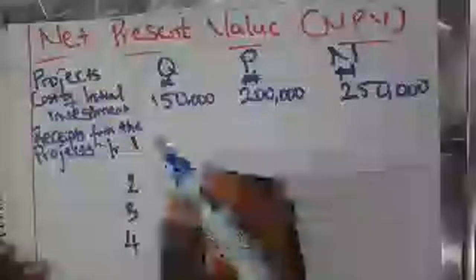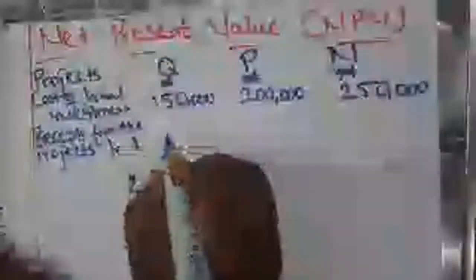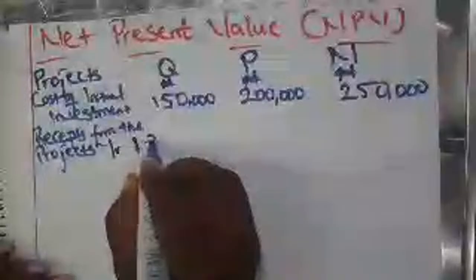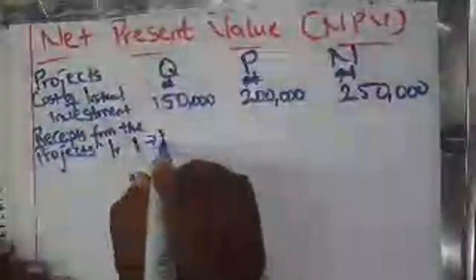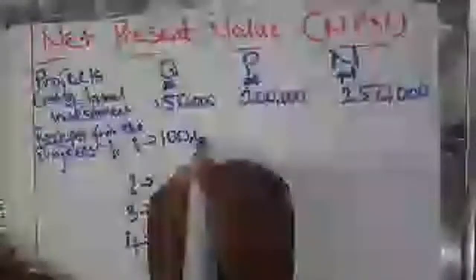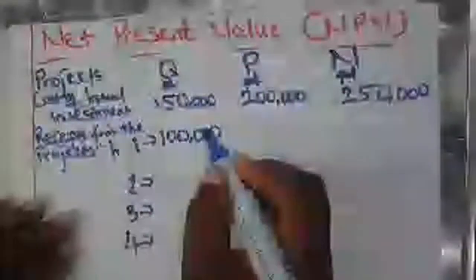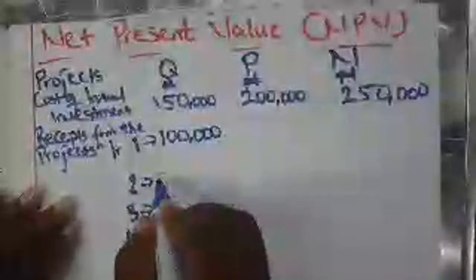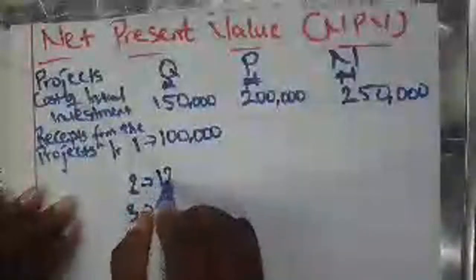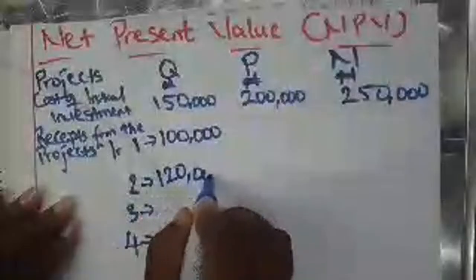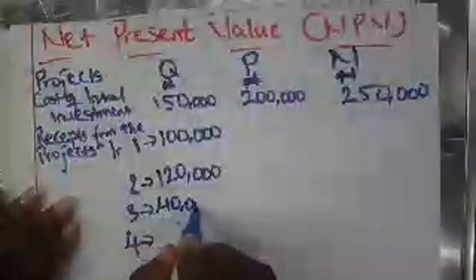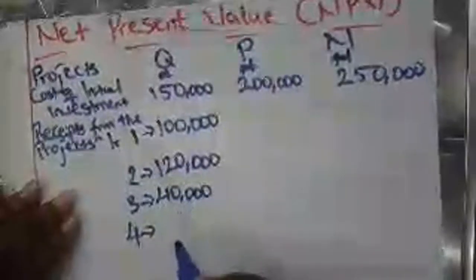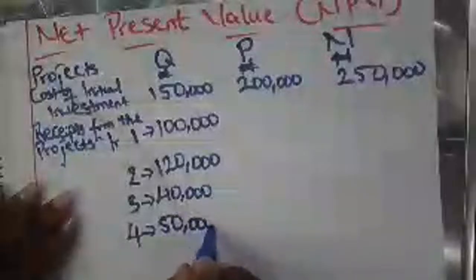So in year one, for project Q is 100,000 naira. Year two, 120,000. Year three, 40,000. And year four, 50,000.